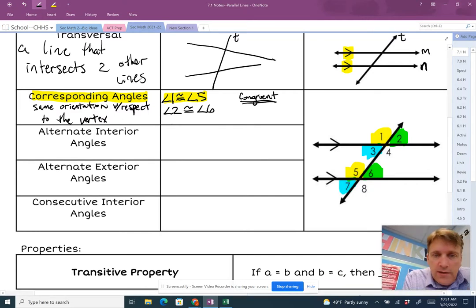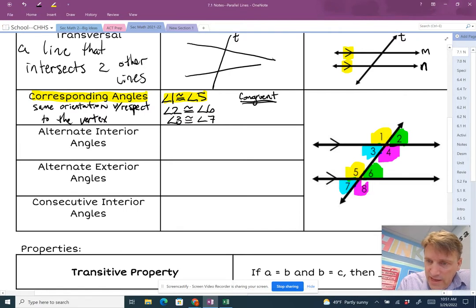And so I can say that angle 3 is congruent to angle 7. And the congruent symbol is just an equal sign with a little curvy line on top. And then angle 4, which is down and to the right, and down and to the right on the other vertex is 8, so angle 8 and angle 4.